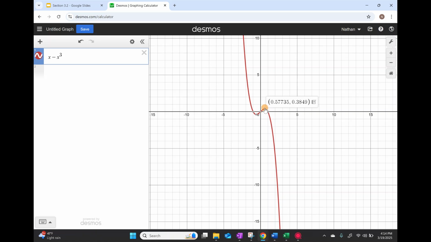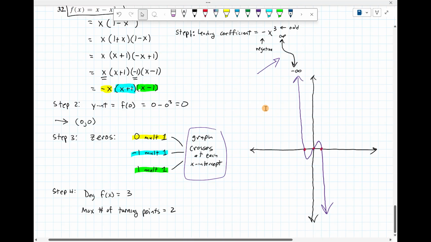No, I'm sorry, that's wrong. It's a little bit less than negative 1/2 is my y value at the local minimum, and the y value at the local maximum is a little bit underneath 1/2.